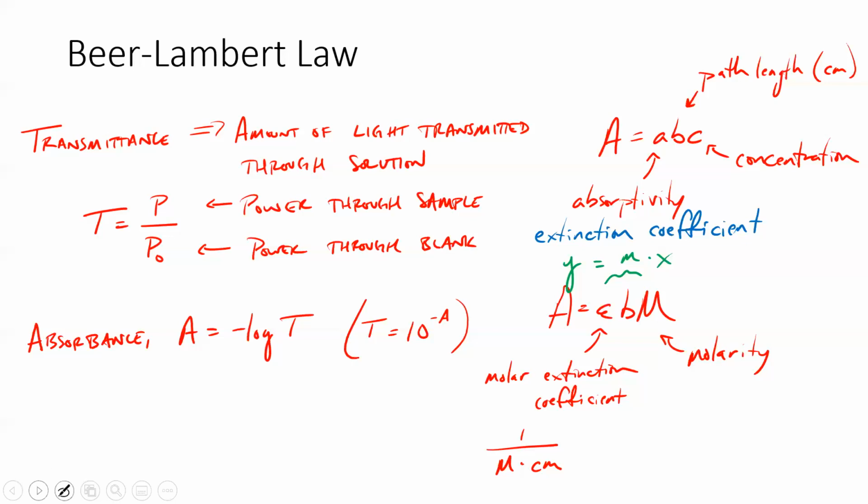All right, so we talked in lab again about how at some point this linear equation, this linear trend, loses its linearity. And so let's talk a little bit about why that could be. So these deviations from the Beer-Lambert law really are deviations from linearity. And so thinking about this, the first of these is going to be due to concentration.